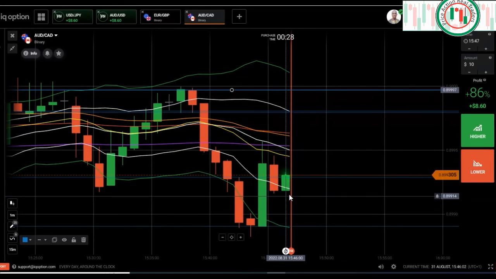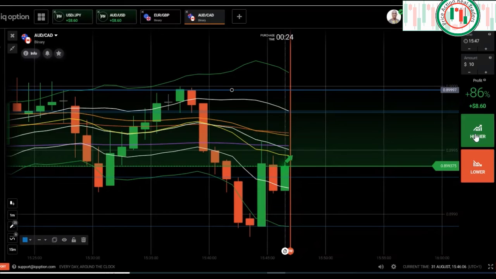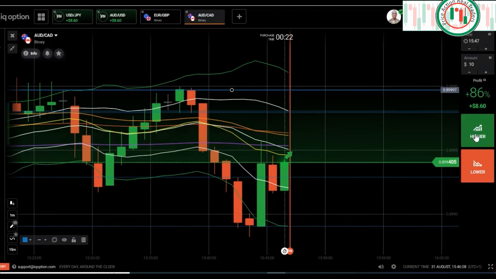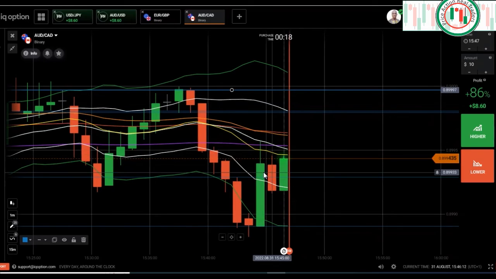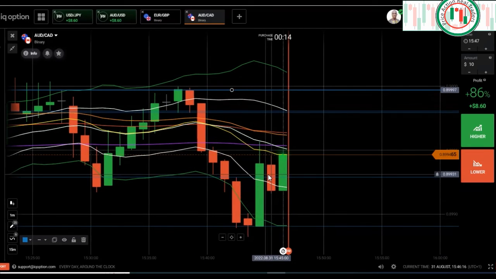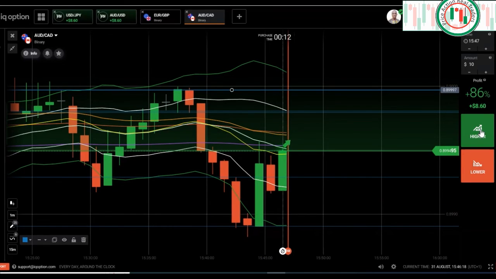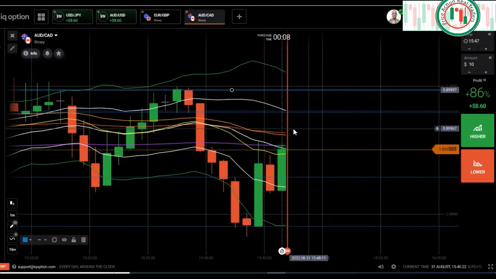You see here, the market closed inside, but it's very fast. I would have placed my trade. I'm late. You see the market, you see this is the zone here. The market breaks the zone, closes inside, then you place your trade, call option here because of the ranging market.